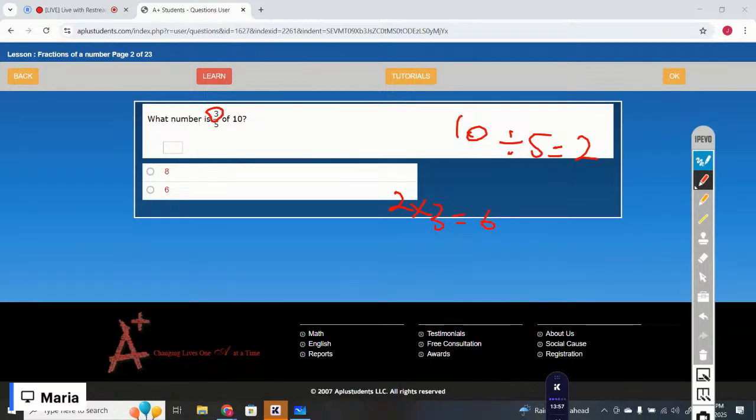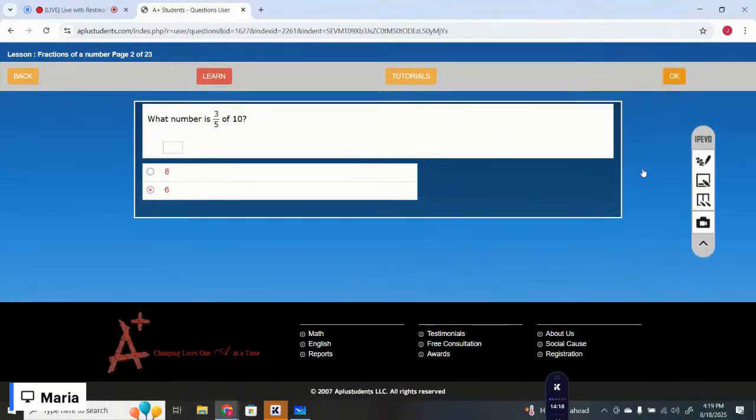This is another way to solve these questions, right? So 6 it is. The correct option is option number 2.